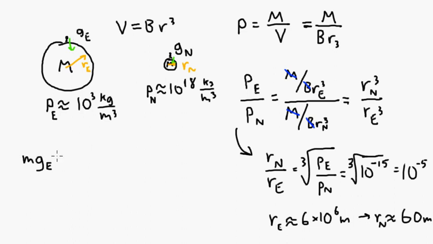So that's going to give big G times Earth's mass times your mass divided by the radius of Earth squared, right? And then you do the same thing for the neutronium sphere, and so m g_n equals big G times mass of the Earth times your mass divided by the radius of the neutronium sphere squared.